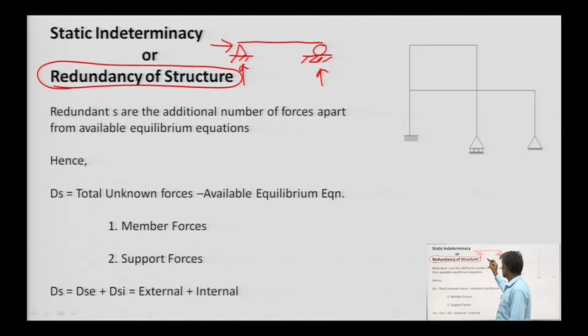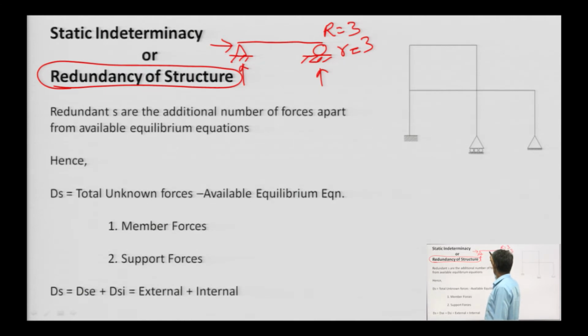So the total number of restraints, the total number of support reactions in this case, is 3, and the equilibrium equations available to find these forces are 3. Then we can calculate all these support reactions.